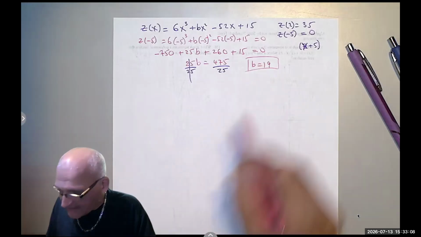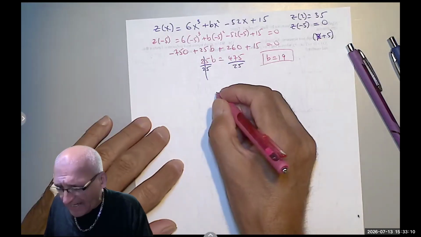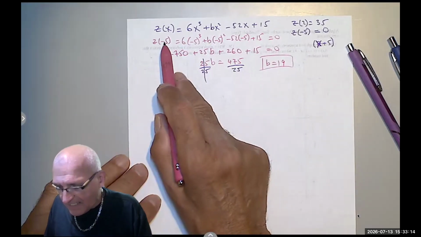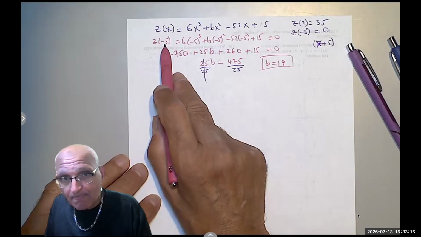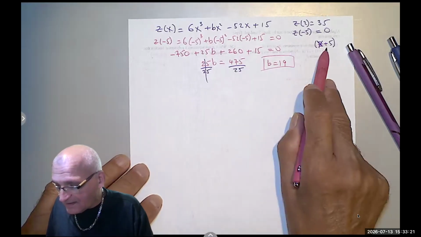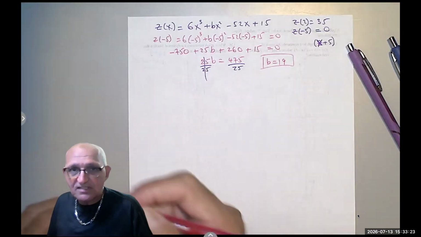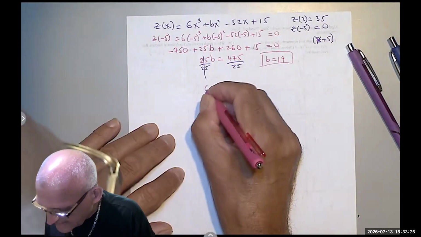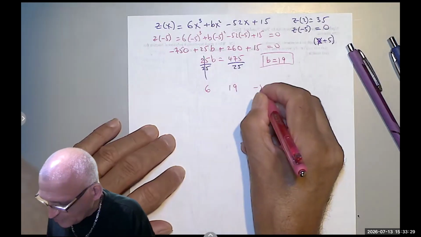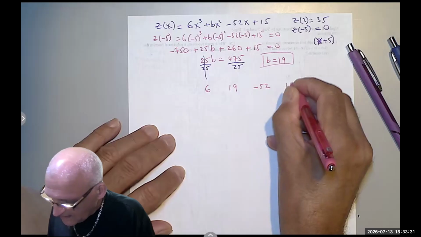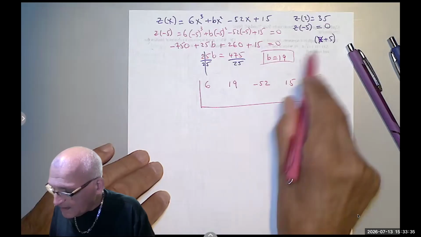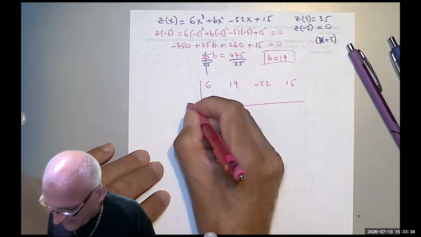We can divide this whole equation by x plus 5, right? Because that's a factor. In order to do the synthetic division, I'm going to write 6, and then b is 19, and then negative 52, and then 15. I'm going to divide that using a zero of negative 5.